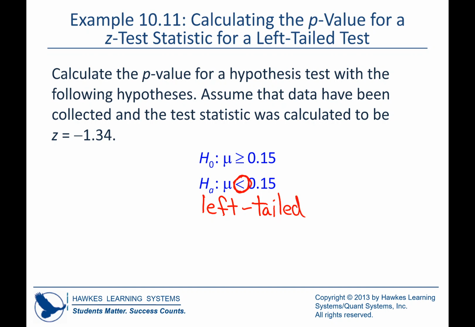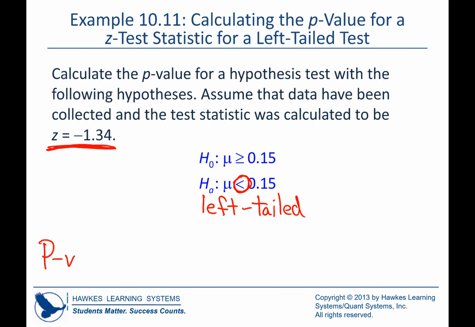Since it's a left-tailed test, our p-value is going to be the area to the left of our test statistic. If it's right-tailed, we would want the area to the right of that. If it's two-tailed, we'll talk about that in a second.